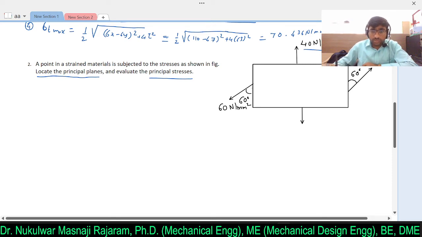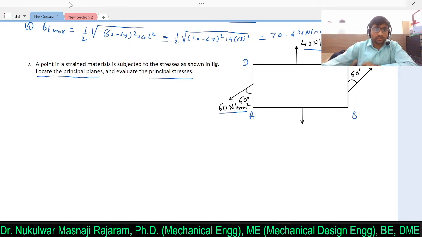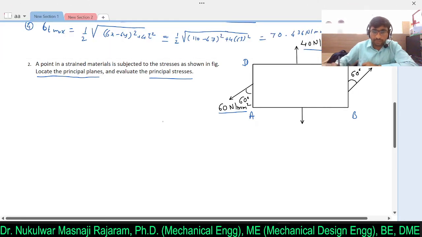Clear? So due to this force, two forces will act on this particular plane. Let's say A, B, C and D. When such problems come in the exam, we need to resolve these forces in two directions along this plane AD. So how can I resolve?